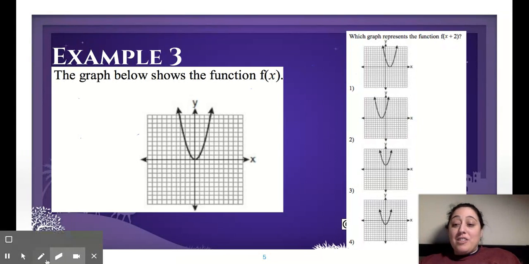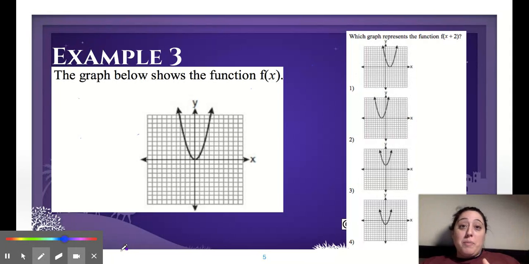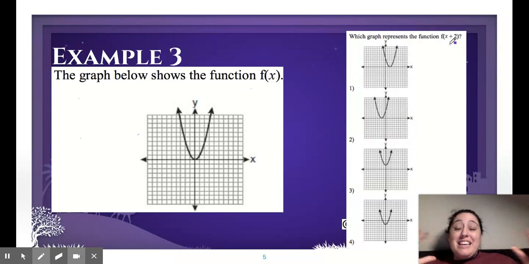of x plus 2? All right, this is where you need to look at your notes from yesterday if you forget. So I don't care if it is part of the equation or if it's just part of the function notation, but if this plus 2 is inside of the parentheses with the x, that means that you are moving it either left or right.